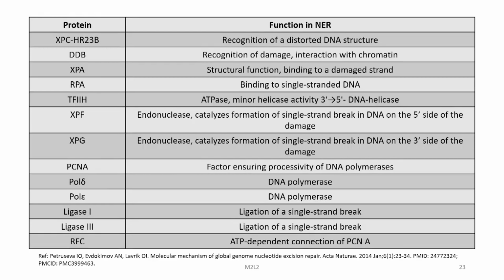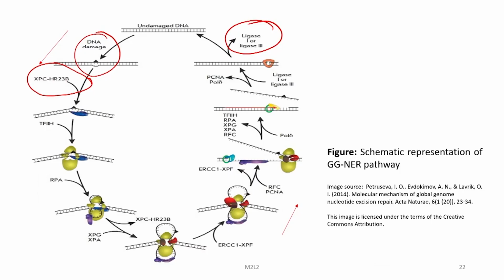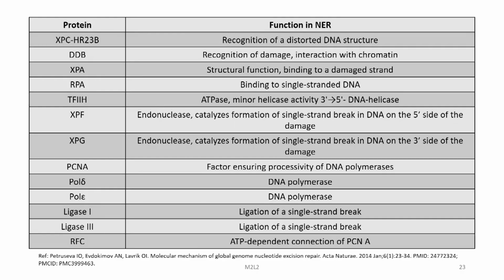There are various proteins involved in this pathway, the details of which are listed in this table, and these proteins carry out different functions. For example, XPC-HR23B is used for the recognition of the distorted DNA structure, as already told to you.